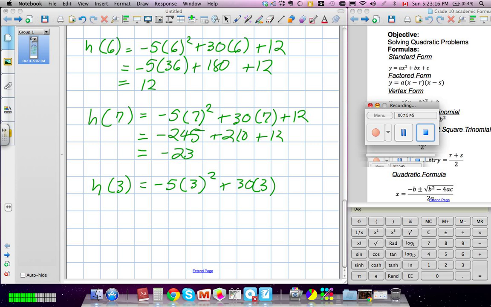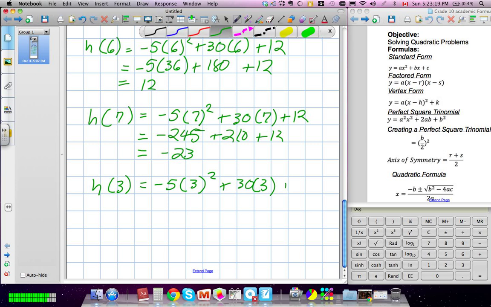So h at 3, we're just going to do it this way, and then we'll use the quadratic formula to see how close we were. Negative 5 by 9. I should just do that right now. That's going to be negative 45. So we get negative 45 plus 90 plus 12. That's going to give me 45 plus 12, 57.